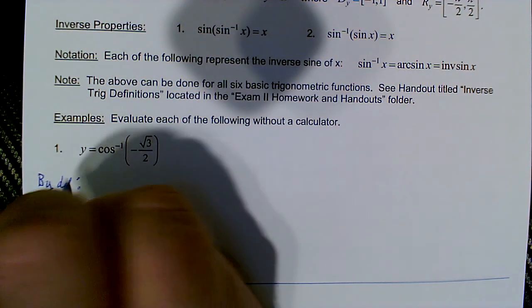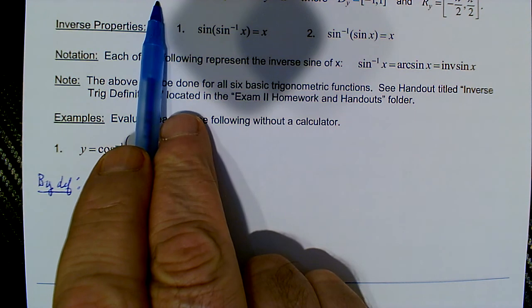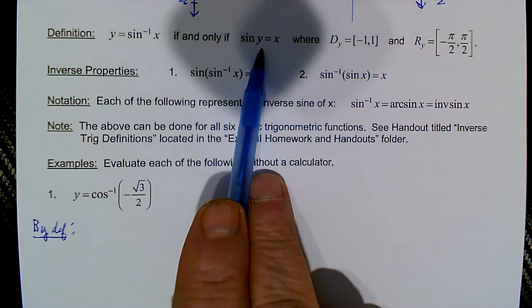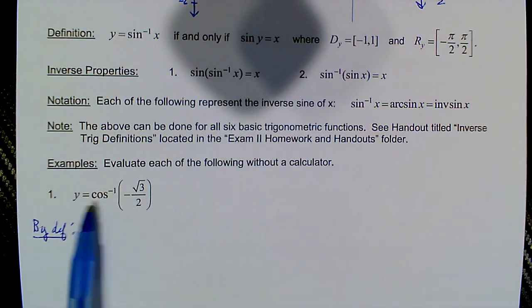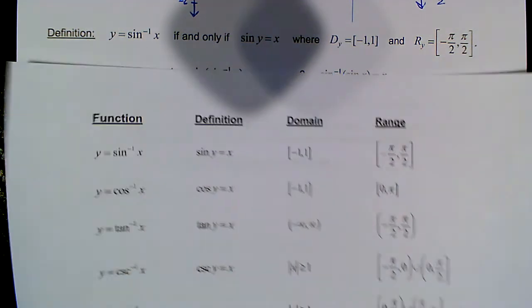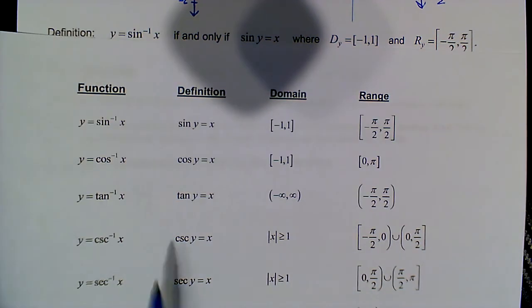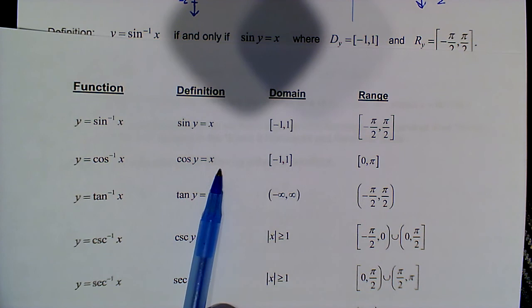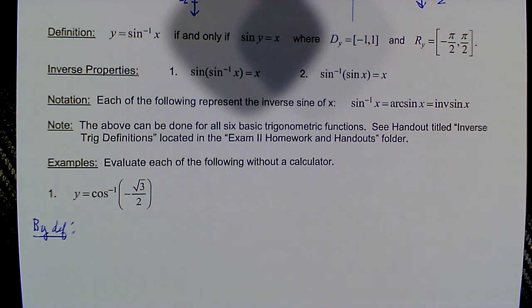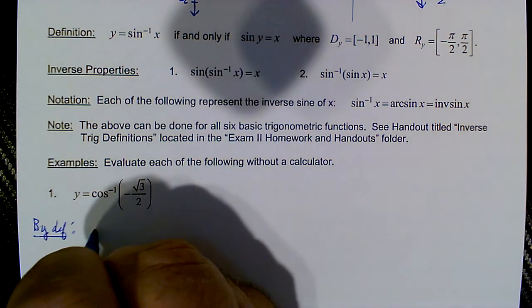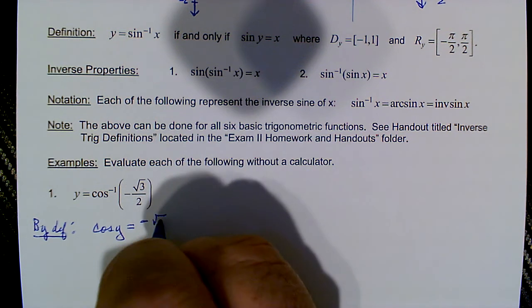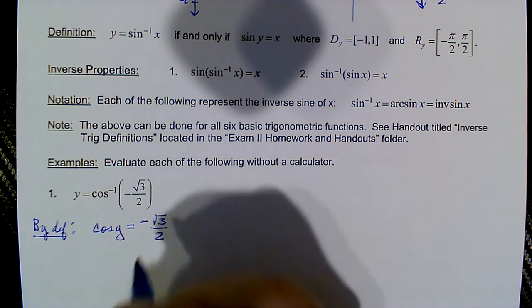Just like we had y is the inverse sine of x up here, and we wrote if and only if the sine of y is x, if y is the inverse cosine of this number, just like it says on our handout, if y is the inverse cosine of x, cosine of y equals x. So by definition, we immediately write that cosine of y is equal to negative radical 3 over 2.